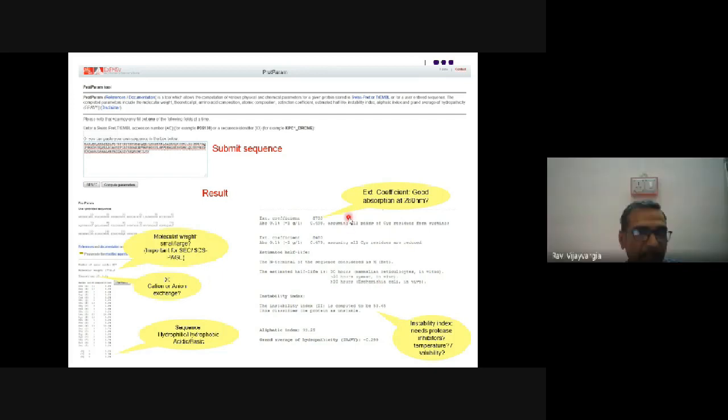Tryptophan. Okay, and to some extent, apart from tryptophan, tyrosine and phenylalanine also. So based on the composition of your protein, if it is rich in tryptophan or the aromatic residues, it will have a high molar extinction coefficient at 280 nanometer. If not, it will have a lower extinction coefficient.